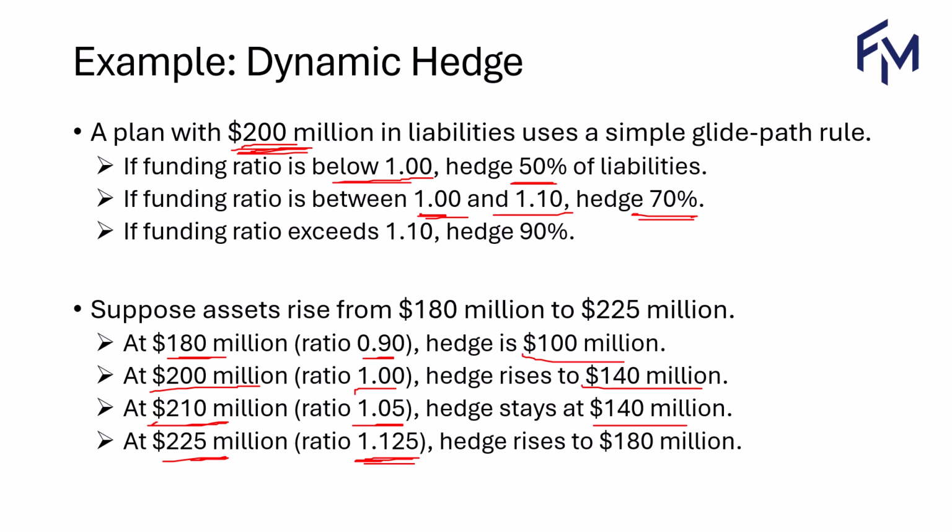And 1.125 is greater than 1.1, so in this case we would hedge 90% of the liabilities, so that would be $180 million. So this shows how the dynamic hedge would slowly or incrementally increase the amount of liabilities hedged as the funding ratio increases.